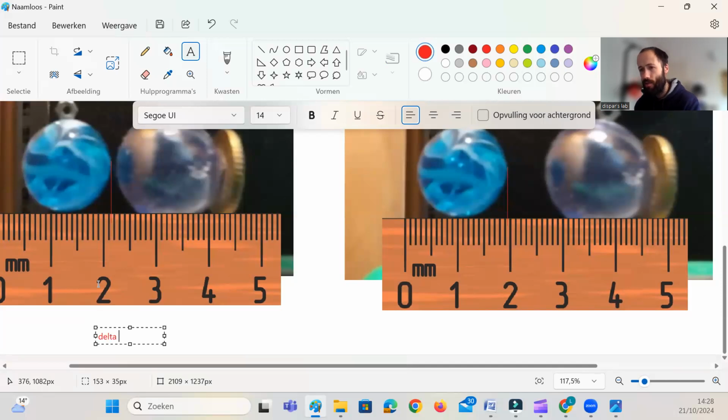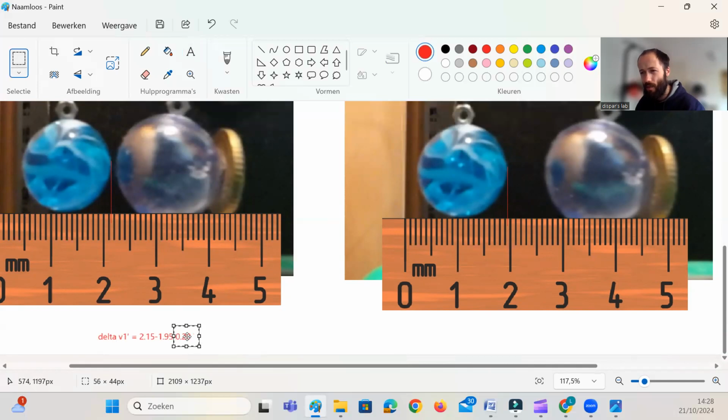So delta V1 prime is 2.15 minus 0.95, just around 0.20. That's correct, right? So we have 2.05 minus 1.95, 0.15. Yeah, that's 0.20. Equals 0.20.